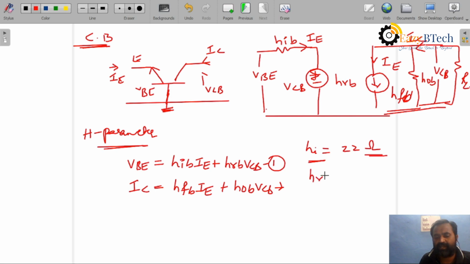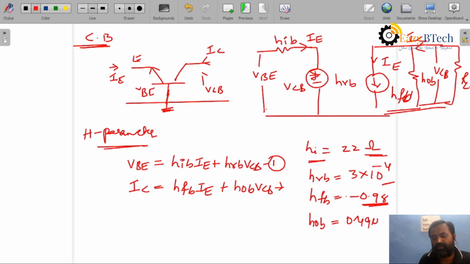Next, HRB is also 3 into 10 to the power of minus 4, and HFB means current gain. For common base, the current gain is less than unity, minus 0.98, and H0B value is like 0.49 microampere per volt. This is for the common base.